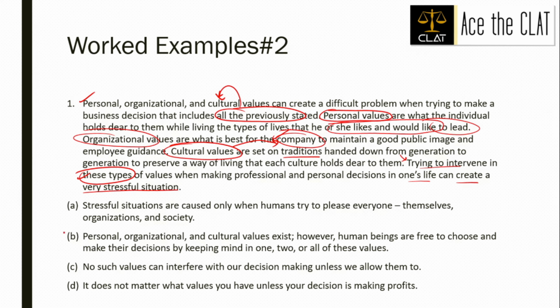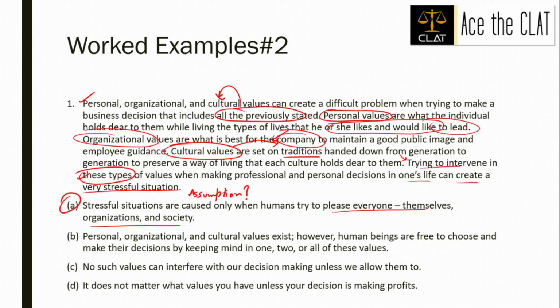Okay. The question stem is obvious, right? We are having a session on assumptions, so the question stem asks us to identify the underlying assumption in this argument, right? Option A says stressful situations are caused only when humans try to please everyone, themselves, organizations, and society.